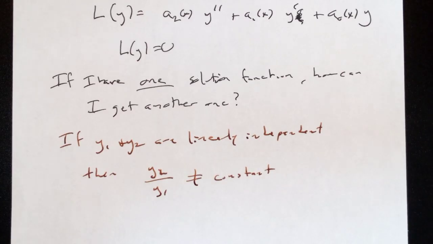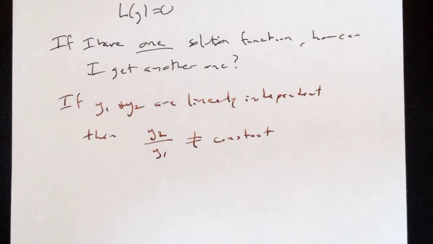Because if the Wronskian were to have turned out to be 0, then when I do a linear combination, I'll get 0 with some constant in there. So if they're independent, I can't do that. They must be non-constant related.